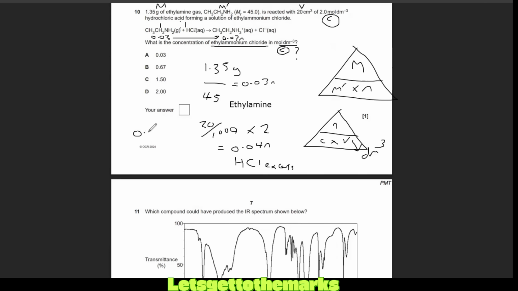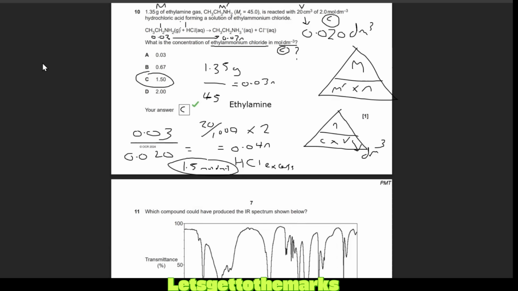I'm going to do 0.03 divided by the volume, 20 centimeters cubed, which is 0.02 decimeters cubed. And that, my friends, is going to be 1.5 mol dm minus 3. That is the answer. So we're going with C, folks. Wunderbar. That one took a little bit longer, but it wasn't too hard.